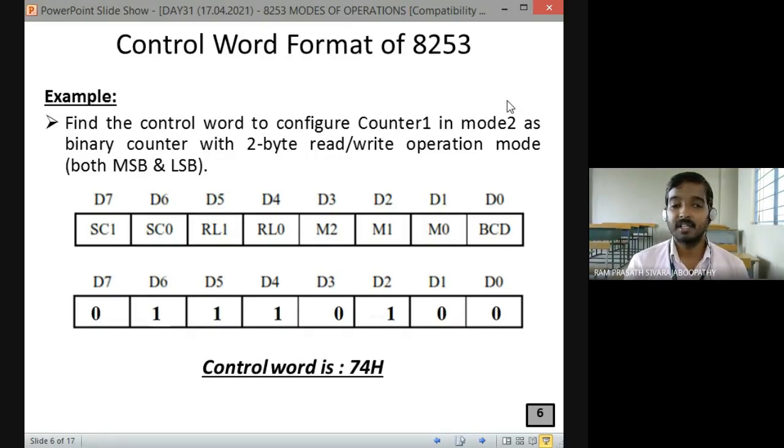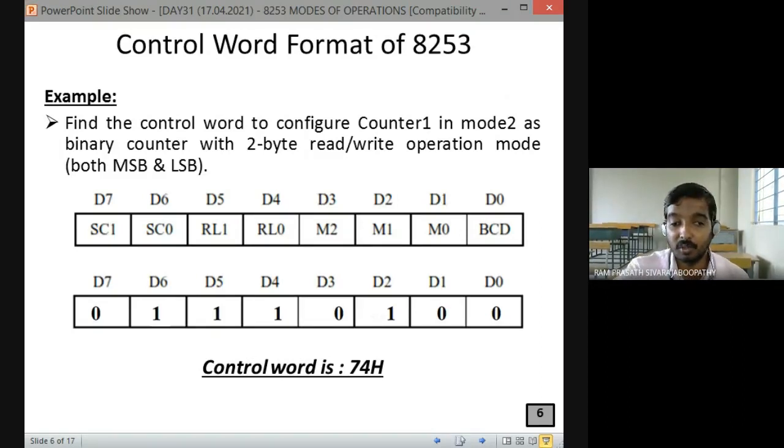That's it. Is it clear to everyone? So we put 74 in the accumulator and write OUT 83H. Then counter 1 will be configured in mode 2 as a binary counter with 2 byte write operation. Is it clear? Shall we proceed?